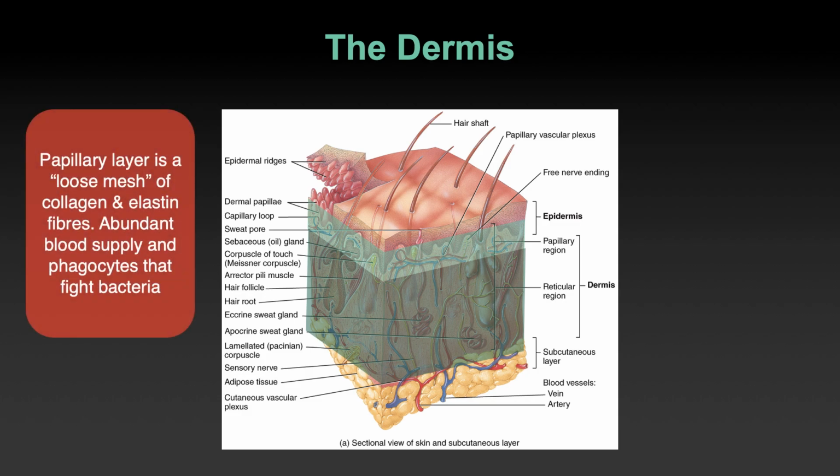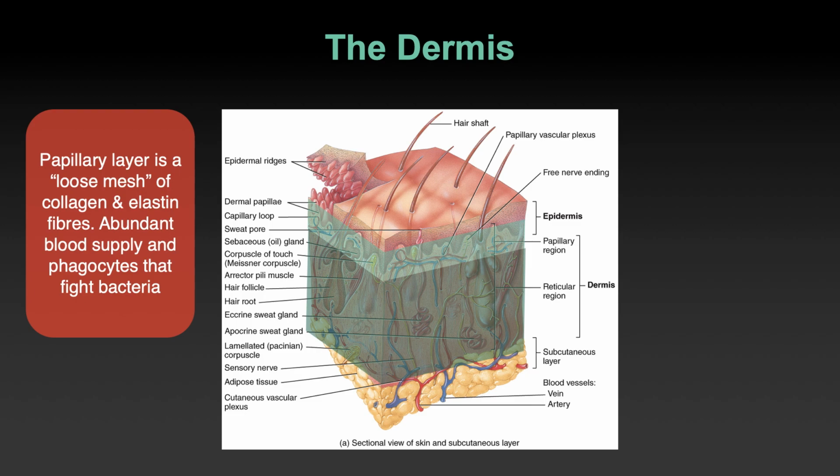So the most superficial region is very loose and open. It's made of what's called areolar connective tissue, and you'll see this in lab. There are collagen and elastin fibers, and these are common fibers. When we talk about connective tissue, you'll often see collagen and elastin. Collagen are sort of the building blocks or the structural rigidity fibers.